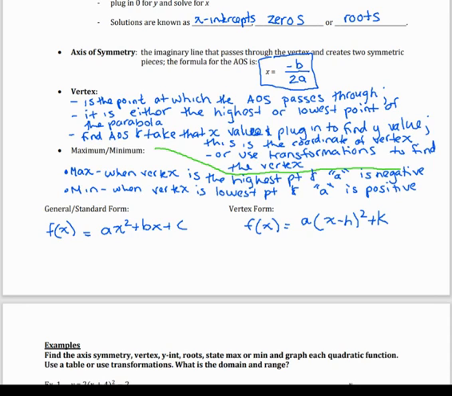And this tells me what that vertex is. That's why vertex form is so great, because right away you can determine that the vertex would be h comma k. I moved to the right or to the left h units, and I went up or down k units, and that tells me my vertex. Remember, a tells me whether I have a stretch or a shrink, and if it's negative, I know that I have a reflection as well.